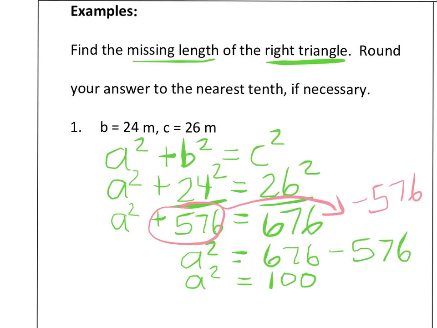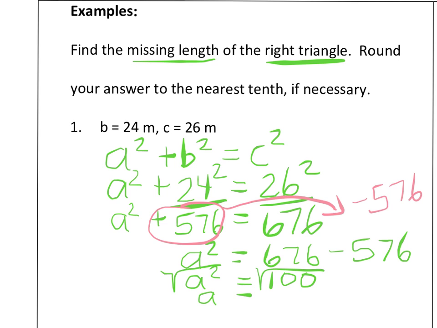So the square on that short side of the triangle is equal to 100. But one of the sides of that square is going to be what number squared is equal to 100. You guys probably know that off the top of your head, but again, we can use the square root of 100 to figure it out.